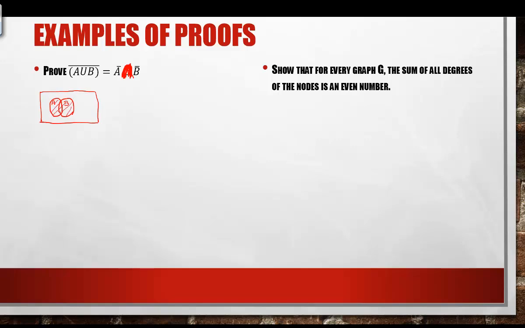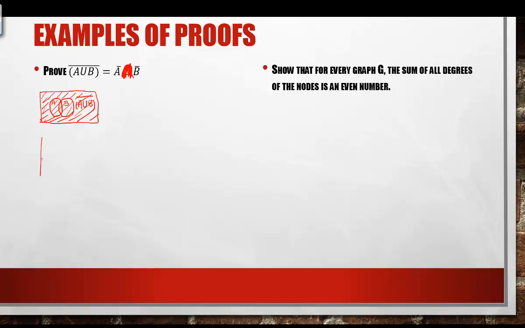This is their union, and the negation of it is all these areas that are outside here. Okay, so this is not of A union B, or complement of A union B.